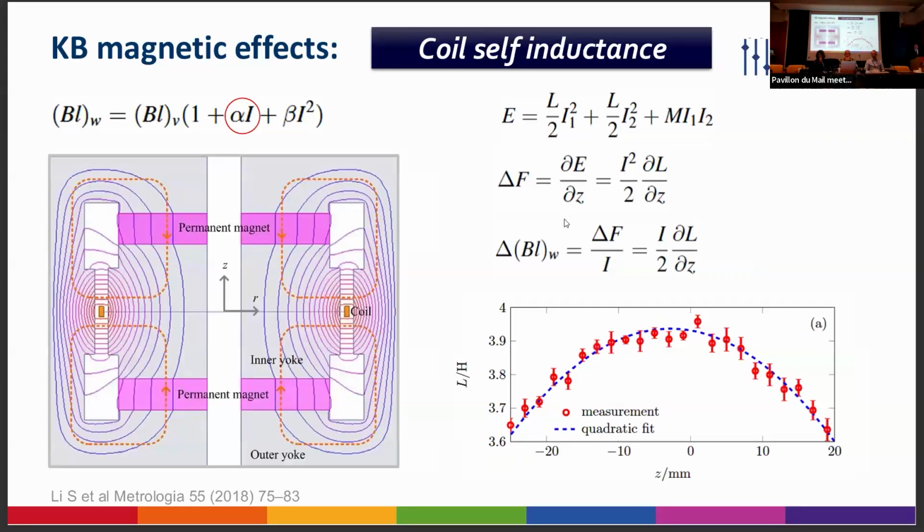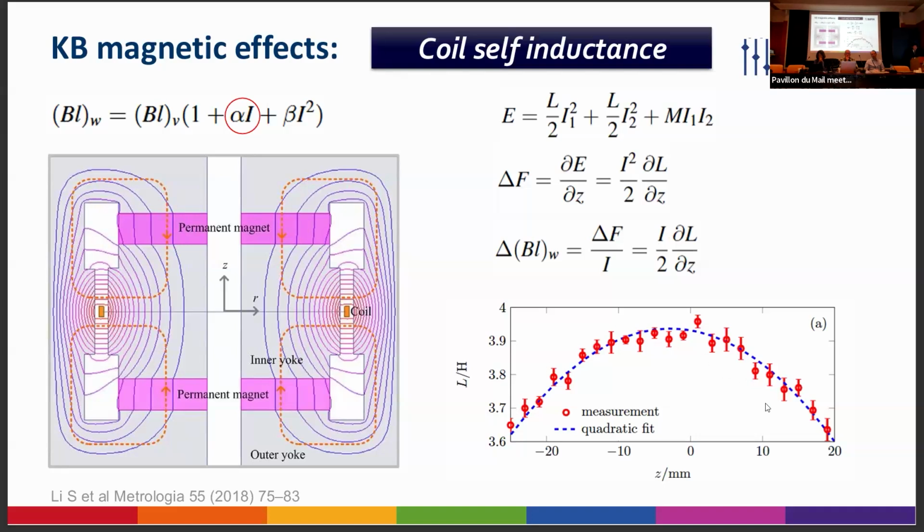So systematic effects, this is the major challenging part, right? So basically, the current effect, you have like two terms, the linear and the quadratic terms. Of course, you have high order terms, which is not important. So the linear term is mainly caused by the coil self-inductance, as we already know from the force calculation equations by virtual work principle, right? We get this weighing BL change during this inductance force, and the force is basically I over 2 dL/dz, and you see this is proportional to I, right?